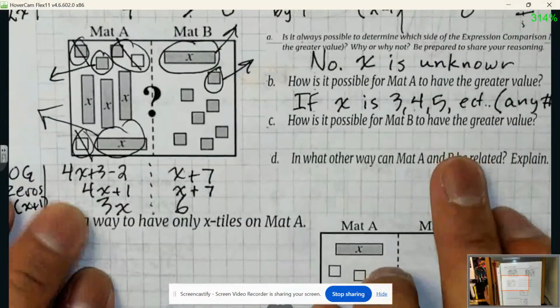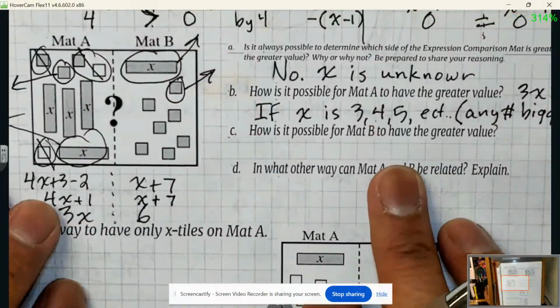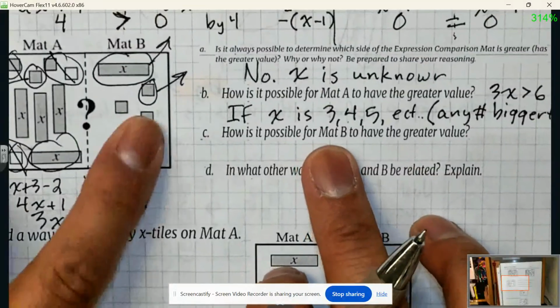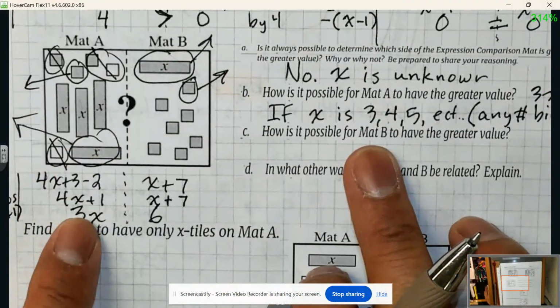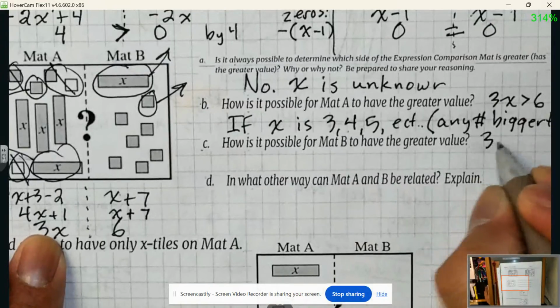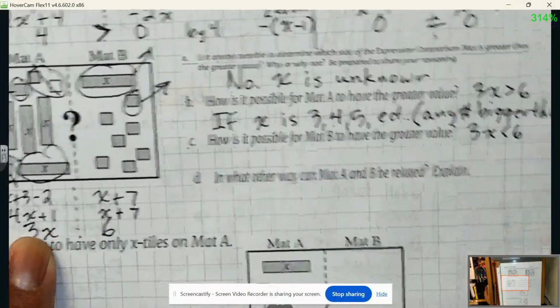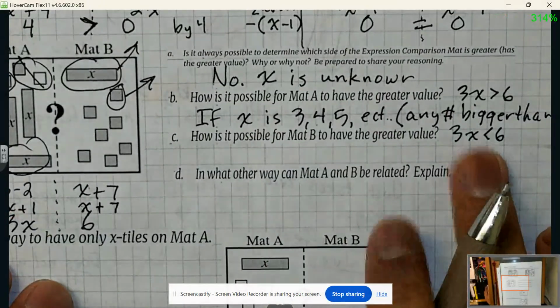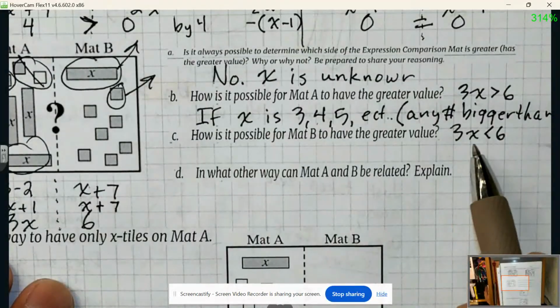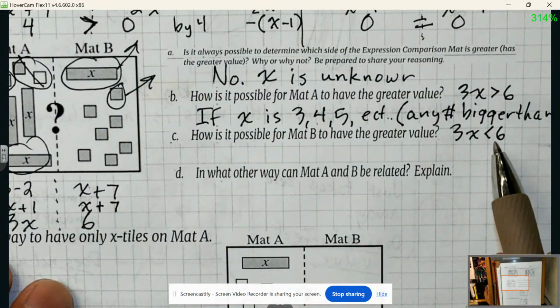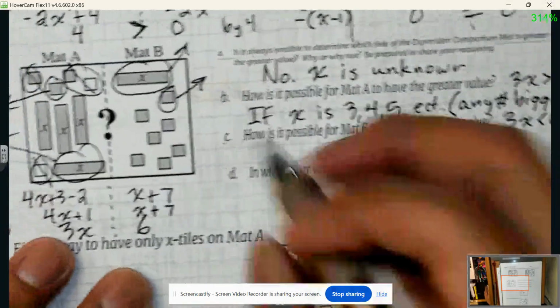Now we look at the other side of the argument. What if mat B was greater and mat A was smaller? So this part is smaller: 3x is less than 6. Then what would x have to equal? x can equal 1. 3 times 1 is 3, which is less than 6.